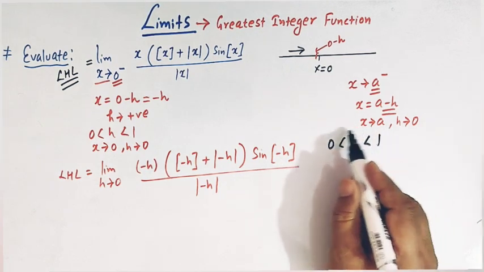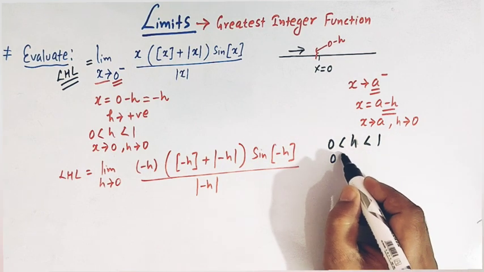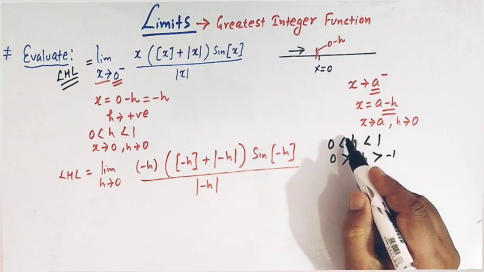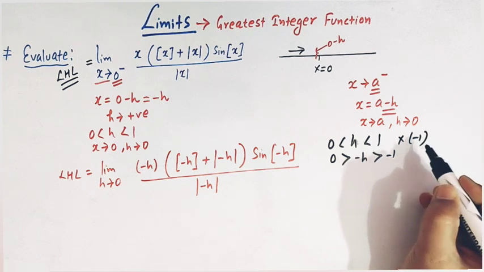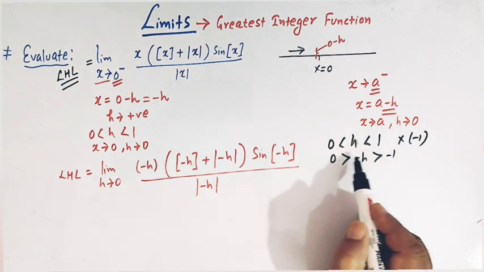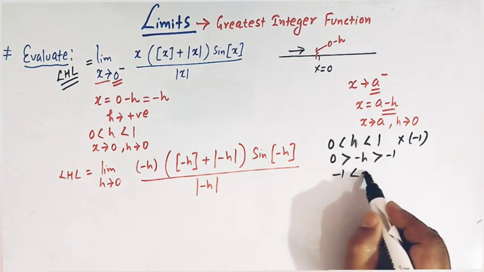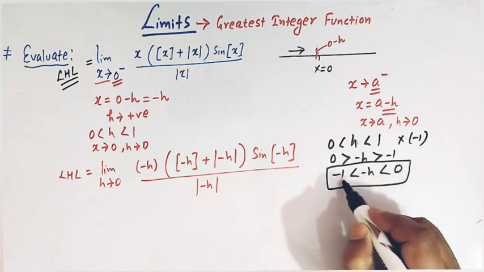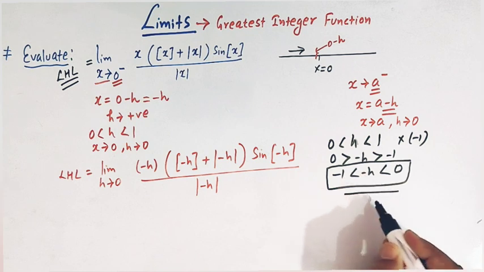So if we multiply this inequality by minus 1, then we have 0 greater than minus h greater than minus 1, right? When we multiply this inequality by negative 1, the direction of the inequality gets reversed. So we can now write this inequality as minus 1, then minus h, then 0, right? So this inequality suggests that minus h lies between minus 1 and 0, right?